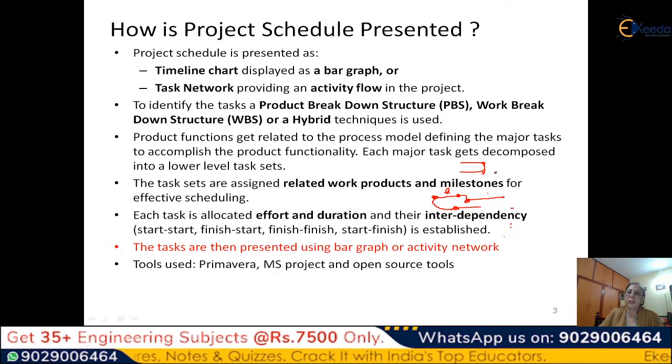And start to finish, that means when you have one task, this start must be dependent on the finishing of another task. It cannot start unless this is finished. So this is A and this is B. Here this is A and this is B. And let's say this is C. So there can be different types of interdependency between the tasks, how the tasks are related.